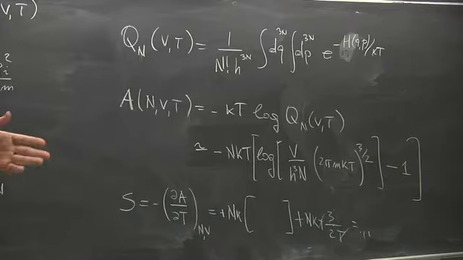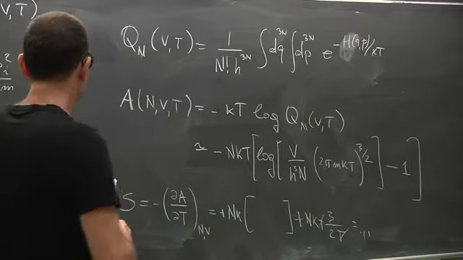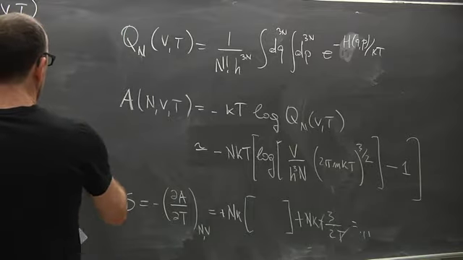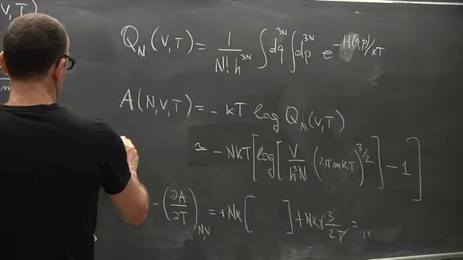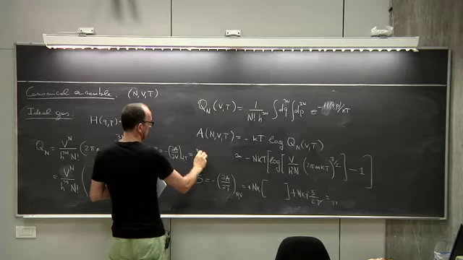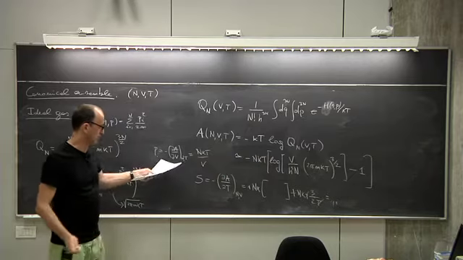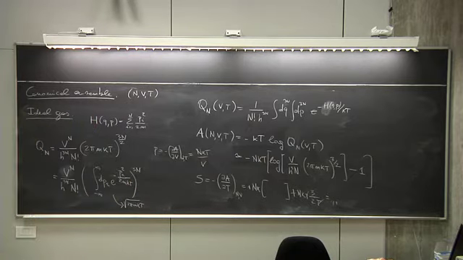And actually, if you compute the pressure, which is minus dA/dV, you just get NkT divided by V. So you get the ideal gas law. And you get all the physics of the ideal gas from this formula.